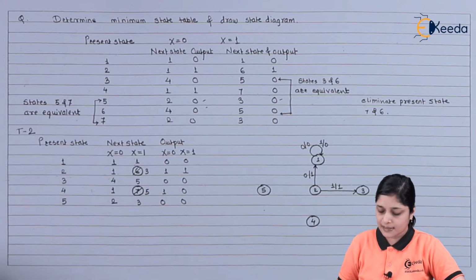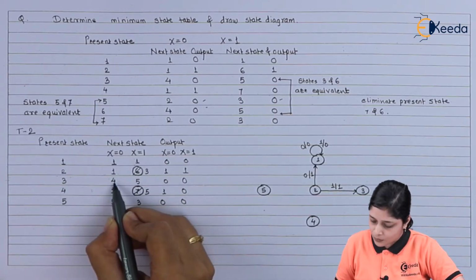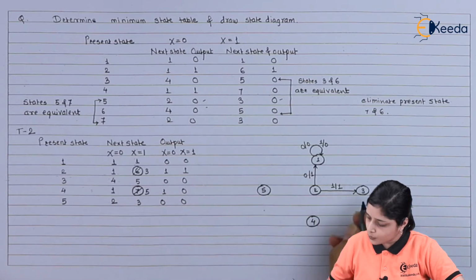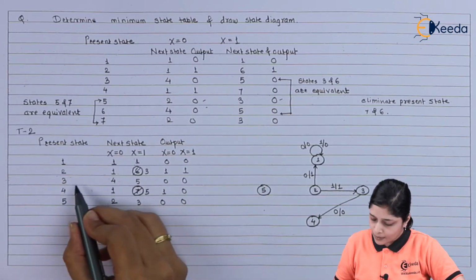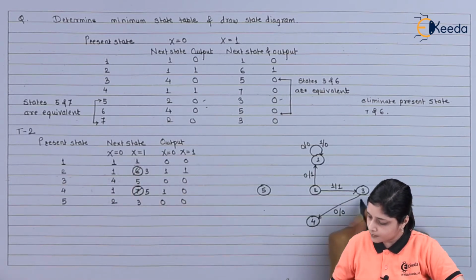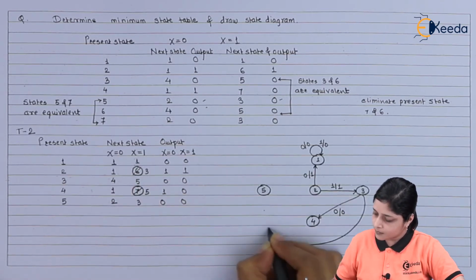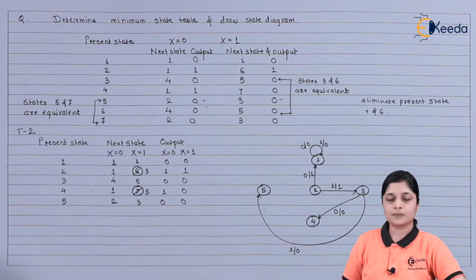Now focus on present state 3. When x equals 0, the next state is 4 and the output is 0. When x equals 1, the next state is 5 and the output is again 0.